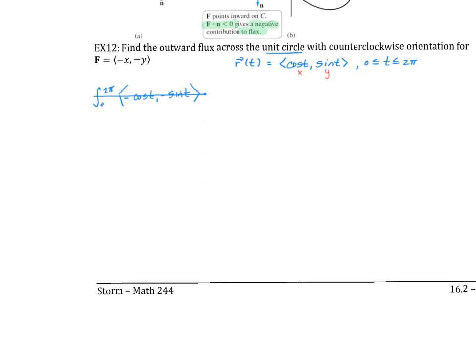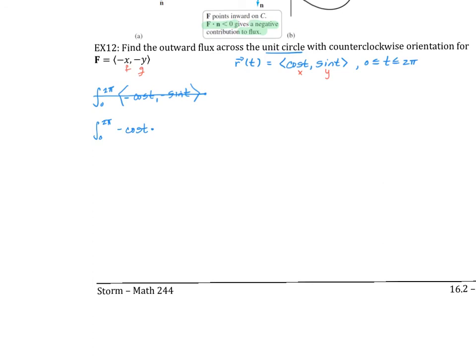So let's go back. This is f and g in my vector field. I'm going to do the integral from 0 to 2 pi. F is negative x, which is still negative cosine of t. Multiply this by y prime.